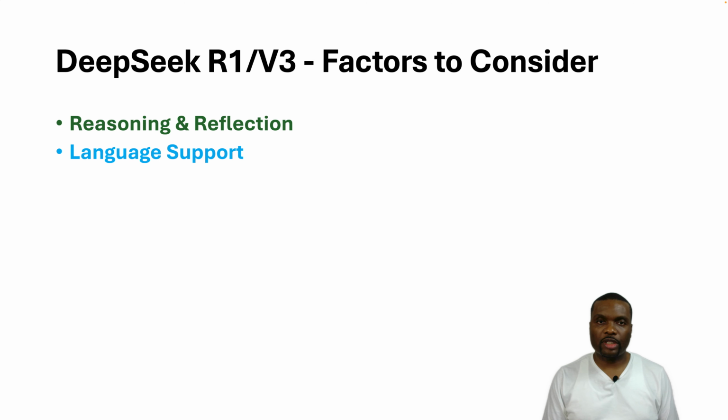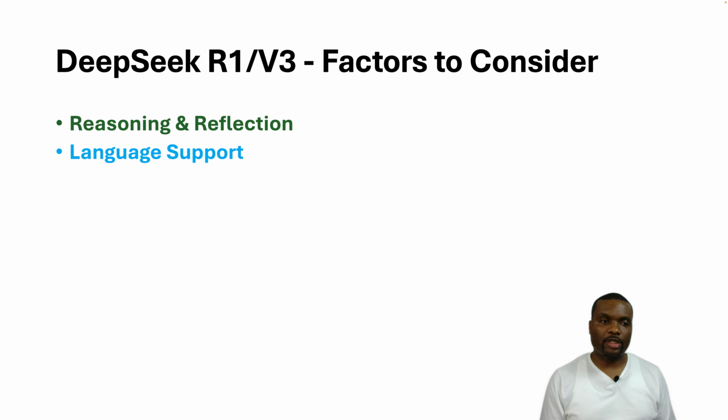And if it doesn't support it, then you're going to have to use DeepSeek alongside a different language model that has the capability of understanding and generating content in that language before you can bring it into your agentic system. So language support is a very critical criteria, and there are scenarios where DeepSeek might not be a good fit if the input language or the target output language is not supported by DeepSeek, which currently, as of the time of this recording, only supports Mandarin and English, and that's it.